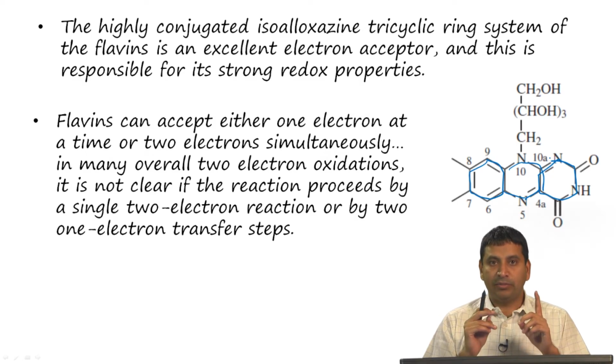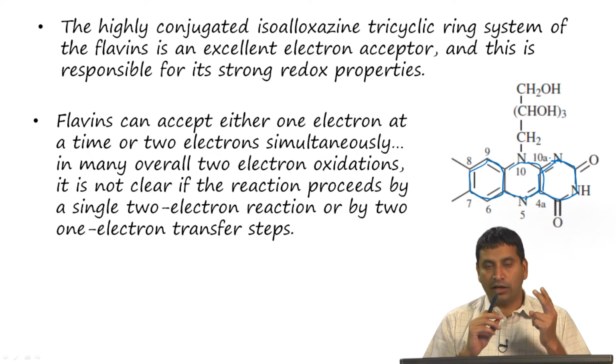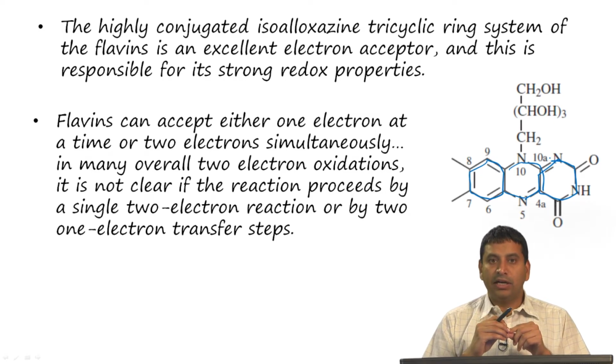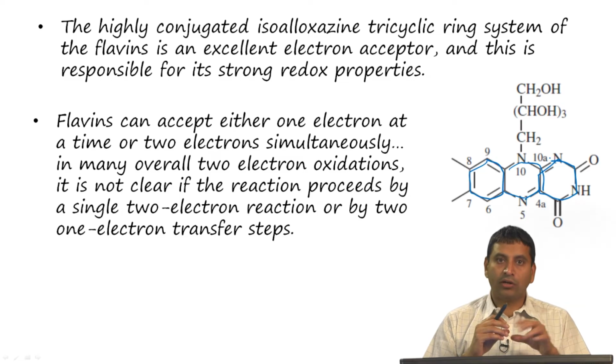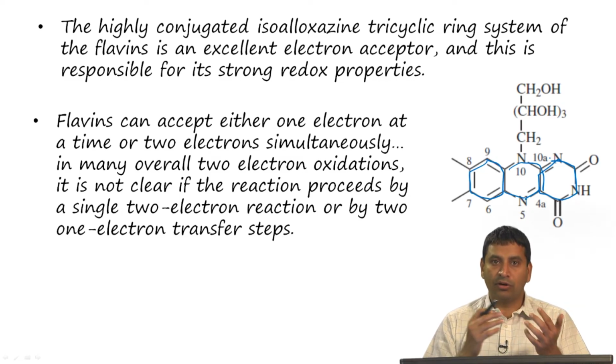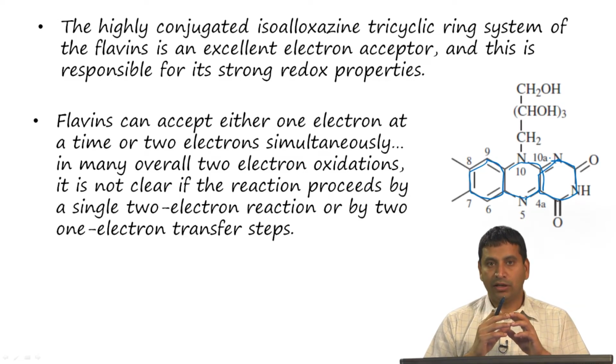They can accept either one electron at a time, or they can accept two electrons simultaneously. And in many overall 2 electron oxidations, it is sometimes not clear if the reaction proceeds by two 1 electron processes or by one 2 electron process.